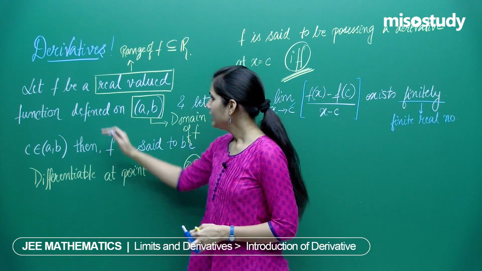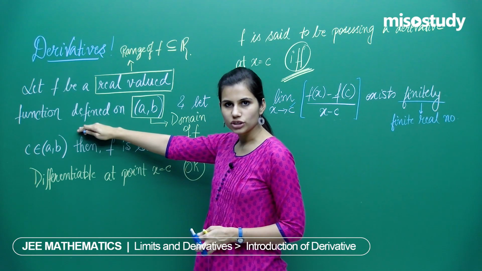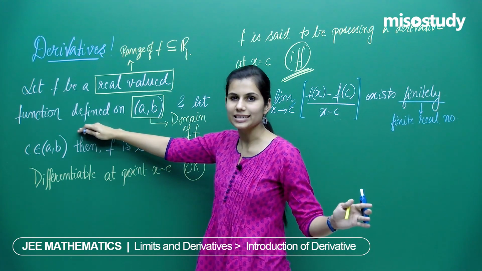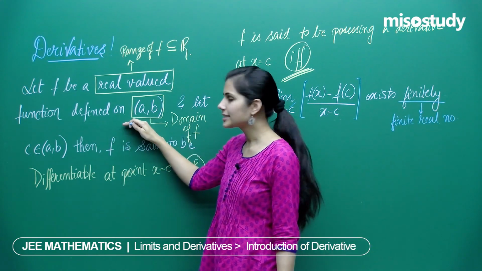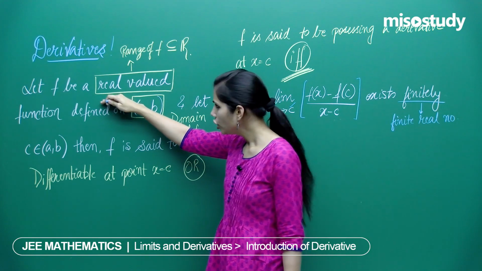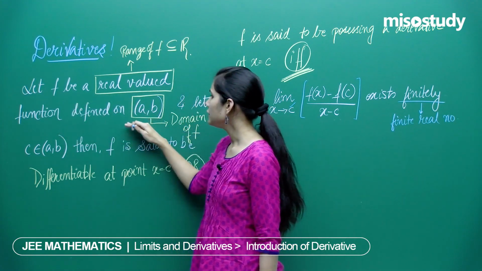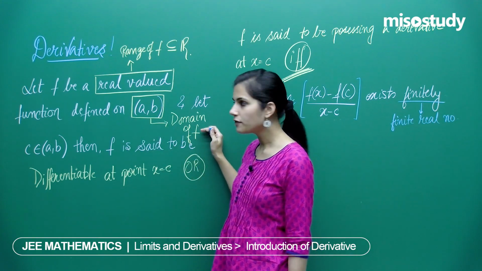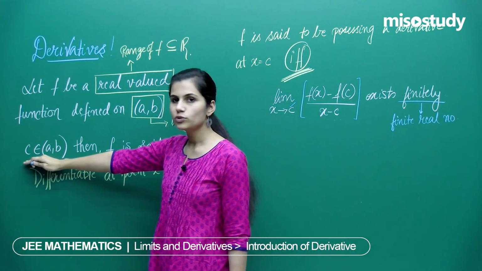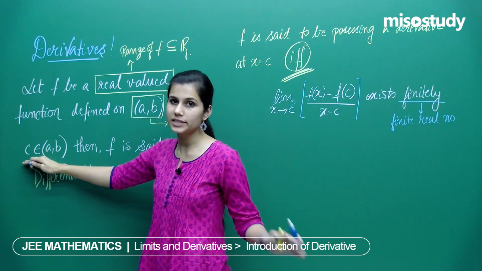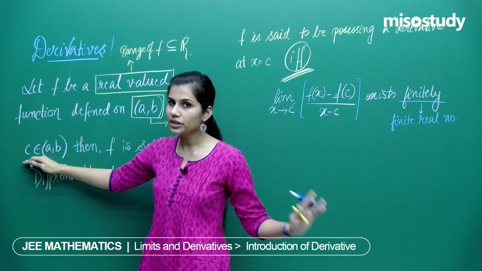So I'll say let f be a real valued function, that means corresponding to every point in the domain, f is giving real values as the images. So for every x in the open interval a b, f of x is a real number. Fine? So let f be a real valued function defined on this particular open interval a comma b standing to be the domain of f, and let c belonging to a comma b be a specific fixed point in the domain of f for which f of c is defined to be a finite real number.